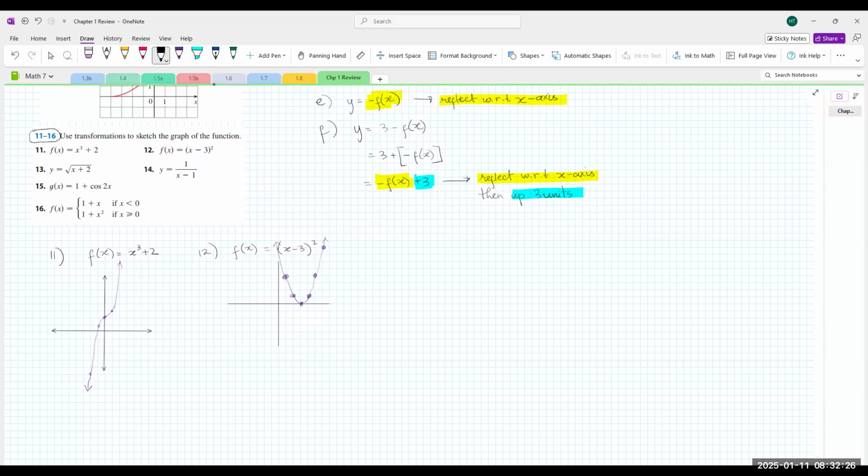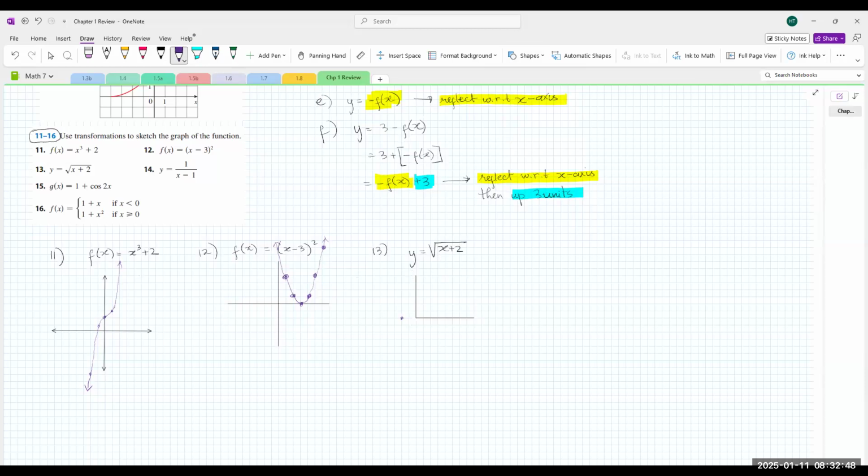Number 13, square root of y equals square root of x plus 2. The basic graph is square root of x, but we move 2 units to the left.